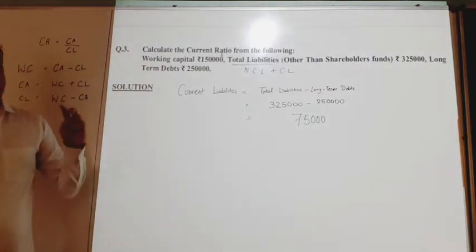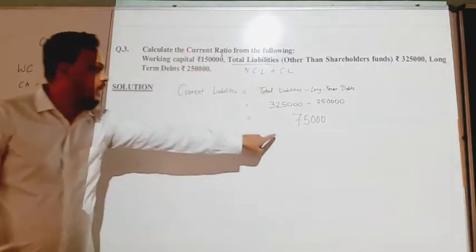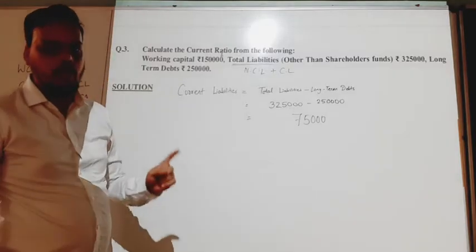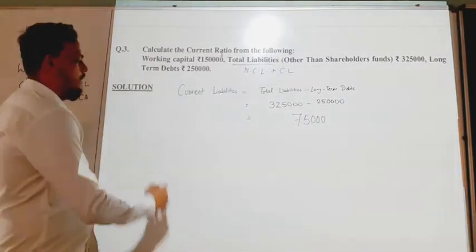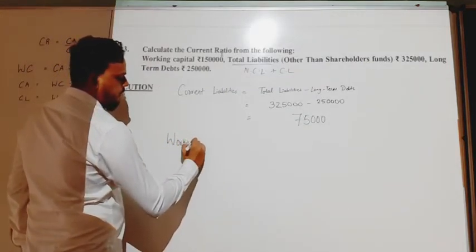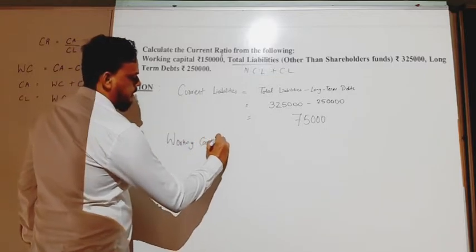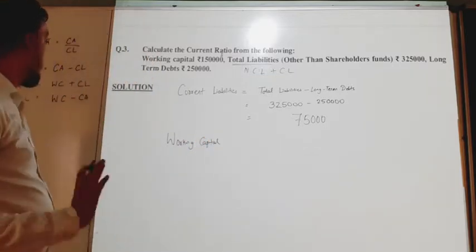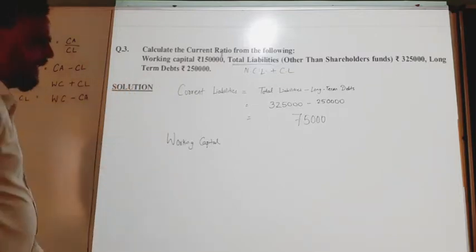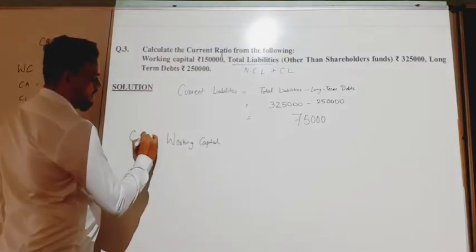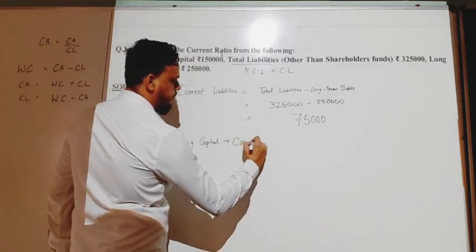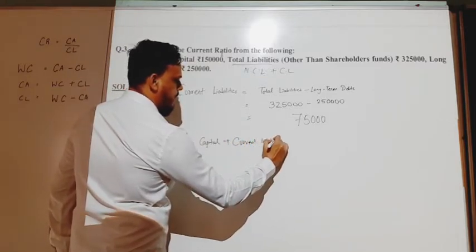Now we have working capital and current liability, but we do not have current assets. So we have to find current assets also. Using the working capital formula, as I have mentioned, current assets is equal to working capital plus current liabilities.